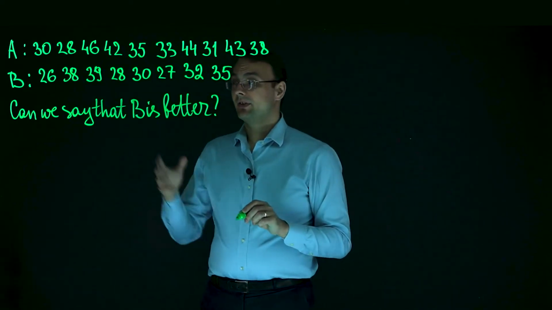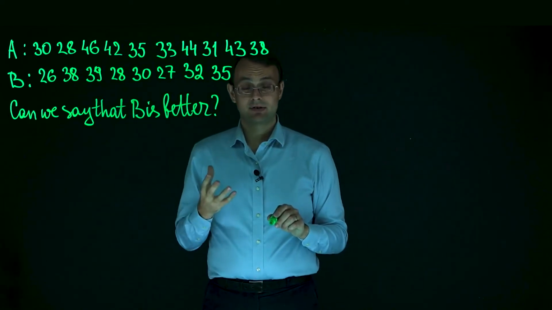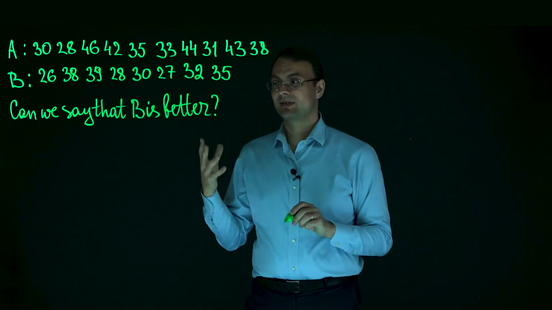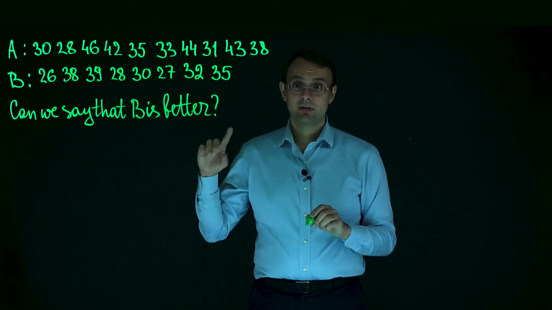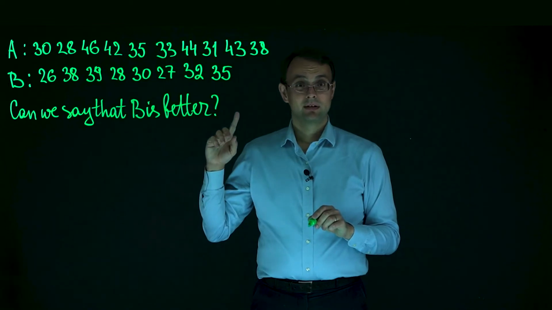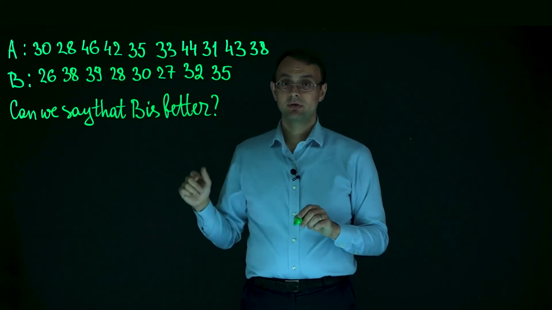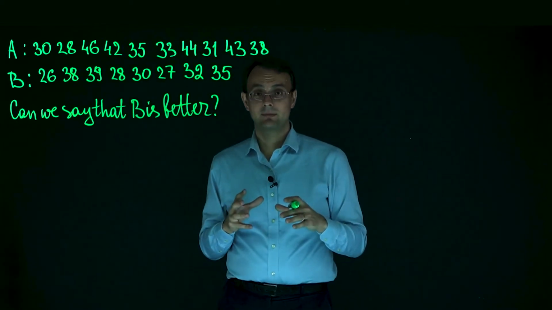So they suppose that B is better. What does it mean? It means that those who looked at the B version spend less time looking for their flight.